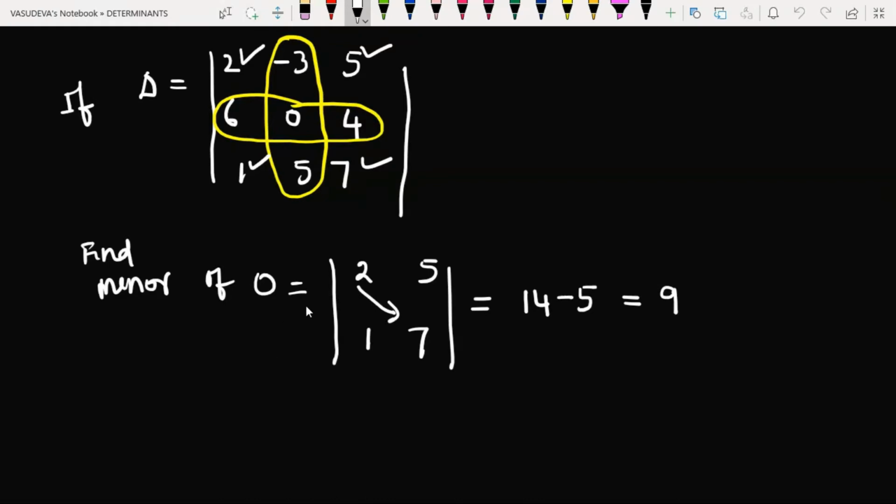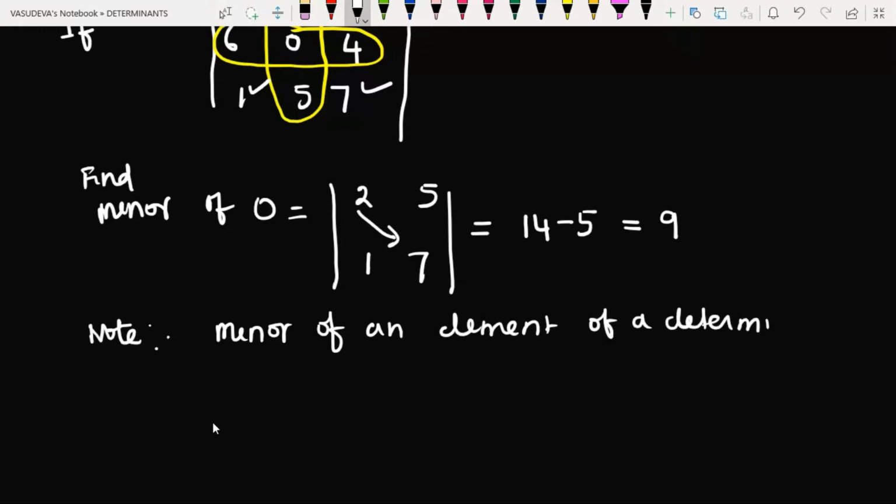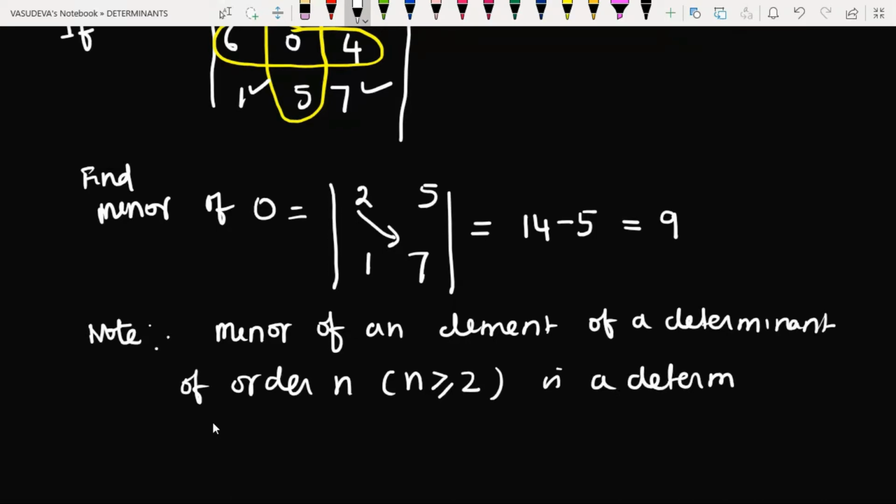So ಇಲ್ಲಿ ಈಗ determinant of order 3 ಅಂತ ಇದ್ರೆ, so minor of an element is order 2 ಆಗುತ್ತೆ. ಹಾಗೆ in general we can conclude that the minor of an element of a determinant of order n greater than or equal to 2 is a determinant of order n minus 1.